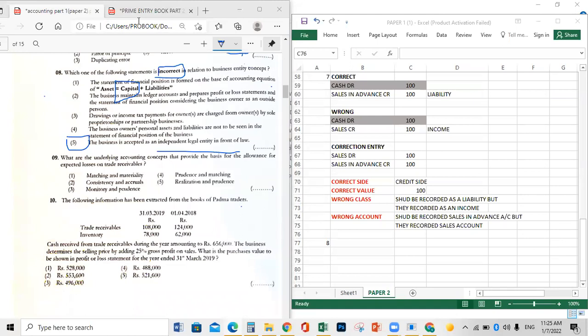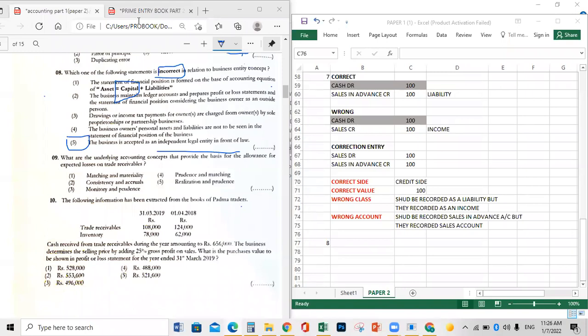That's easy. Yes. Guys, allowance for expected loss is where now you know in the future you have a doubt on some trade receivables. Because you have a doubt on some trade receivables, you know in the future that they will become bankrupt.